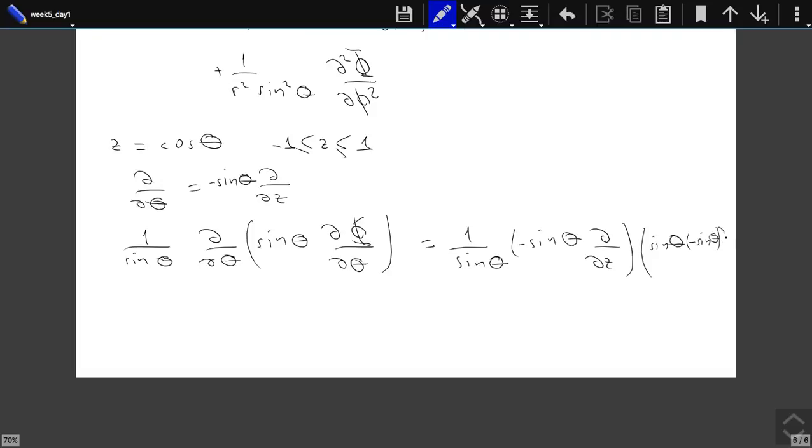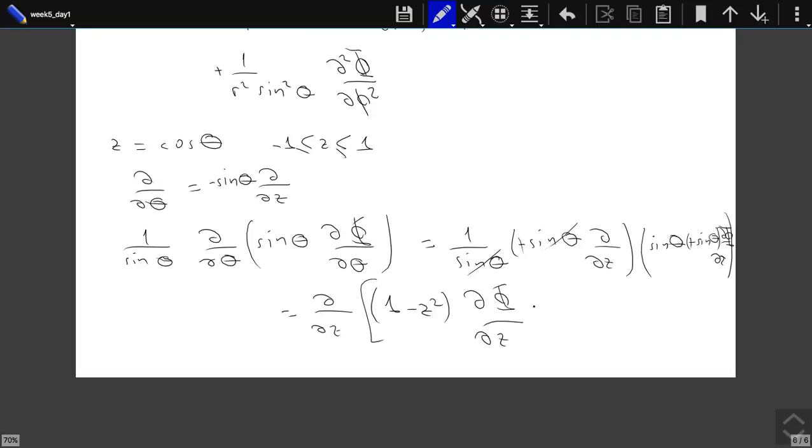Well, that tells me that sum over A L M, capital R to the L, Y L M omega, should be equal to B L M, 1 over R to the power L plus 1, Y L M omega.